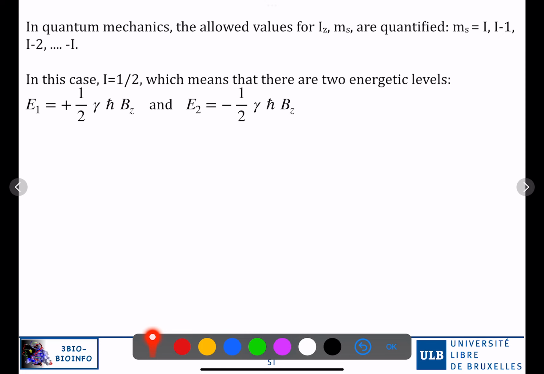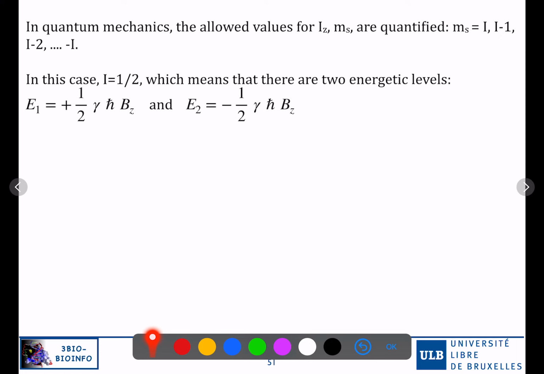Okay, then we have to keep in mind that in quantum mechanics, the allowed values for Iz, which I will call Ms, are quantified and vary between I and minus I. Here we are studying the case of the hydrogen 1 atom. I said in a previous slide that in the case of hydrogen 1 atoms, the value of I is equal to 1/2.